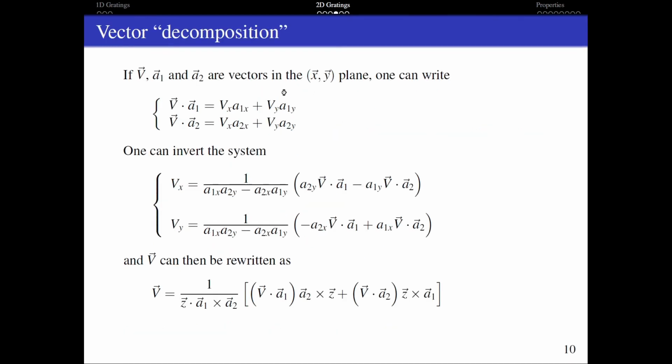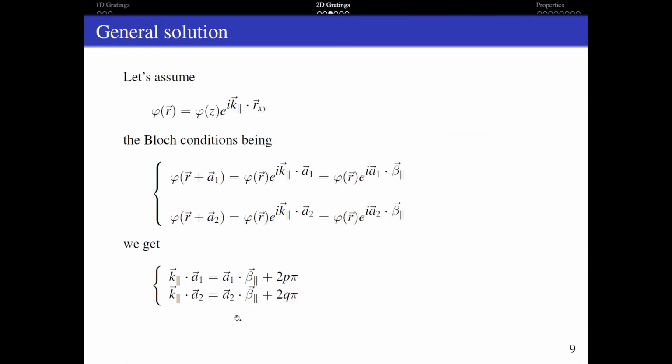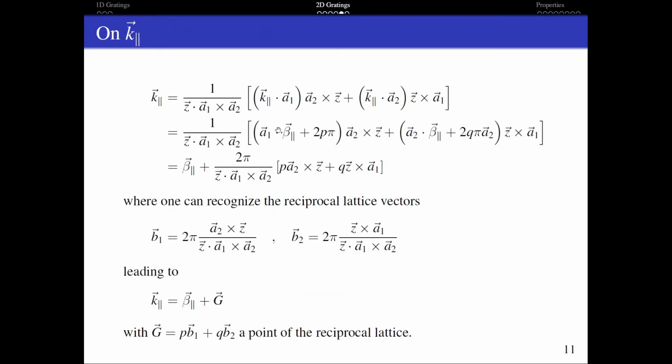But when we look back at our Bloch conditions, we have dot products here, which means that we can put inside the full equation those terms, which is what we have here. So I've replaced those dot products with their other expression.